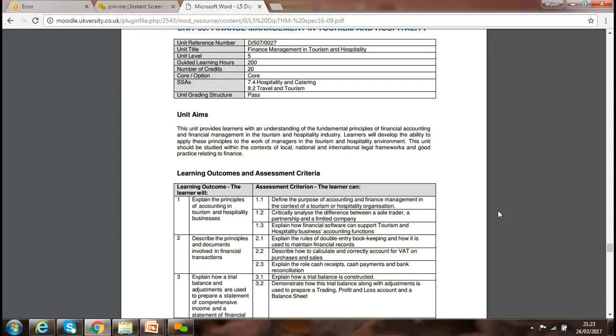There are different awarding bodies. One is ACCA. Have we heard about ACCA? ACCA is for financial accountants. If you want to become a financial accountant or chartered accountant, you are supposed to do the ACCA qualification.